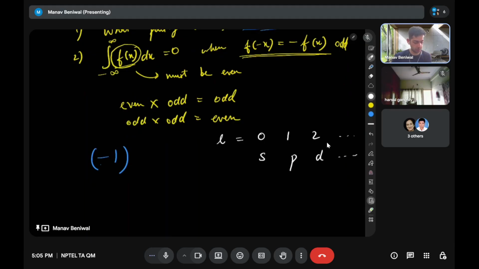The parity of any orbital is just minus 1 to the power L. That's it for orbitals.